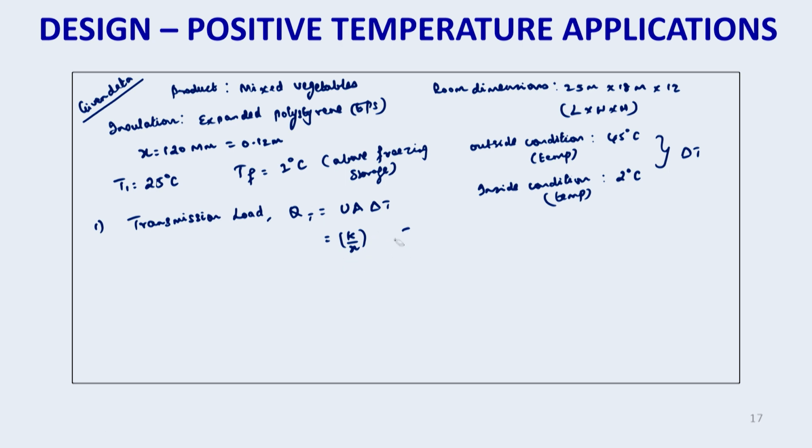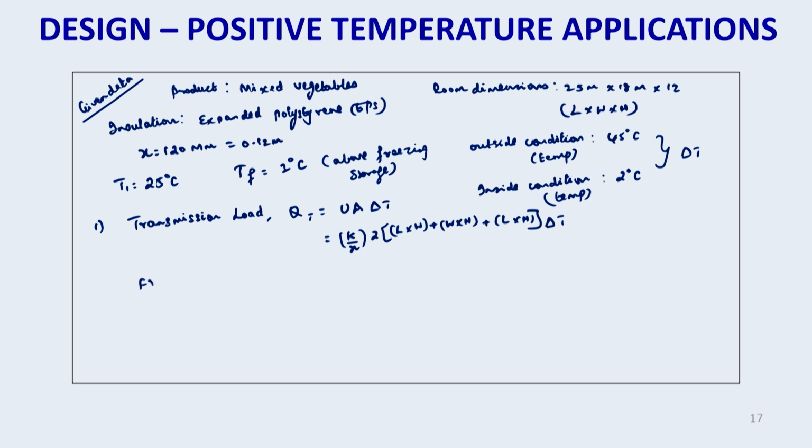K by X, A is equal to 2 into length into width plus width into height plus length into height, multiplied by delta T. So, the K value is not given. As usual, we have to refer the cold storage design handbook.